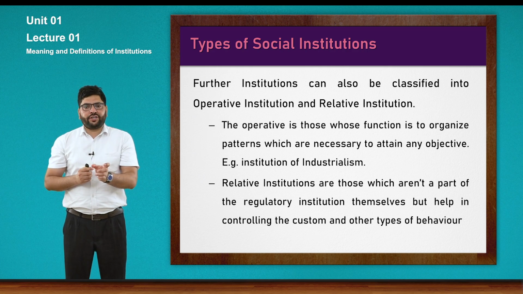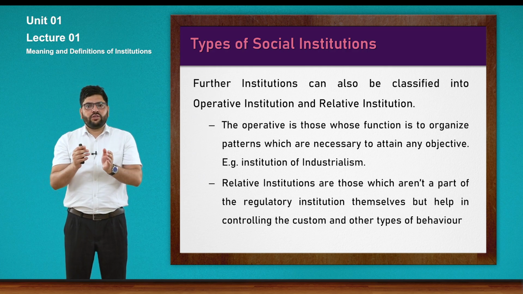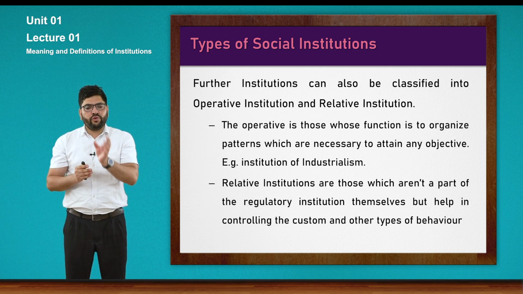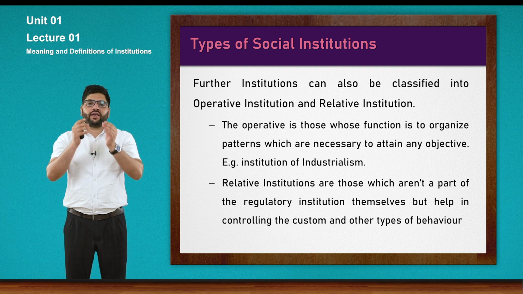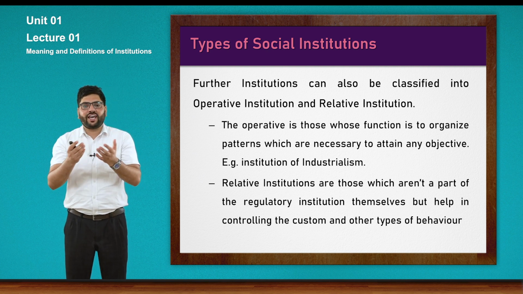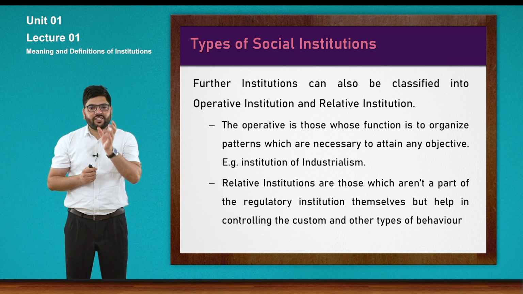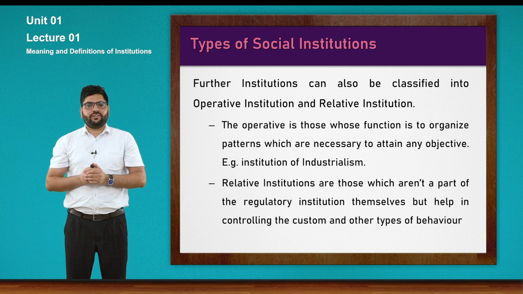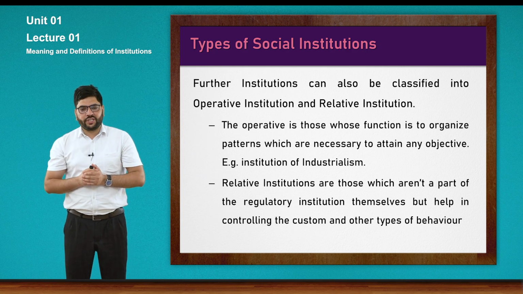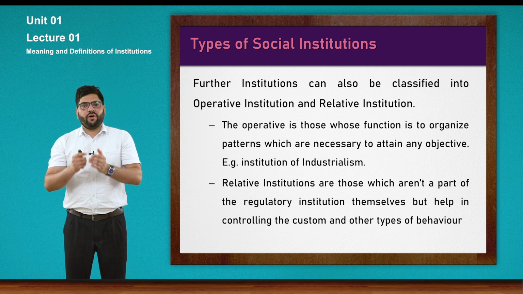The operative institutions are those whose function is to organize the patterns necessary to attain an objective, for example, the institution of industrialism.